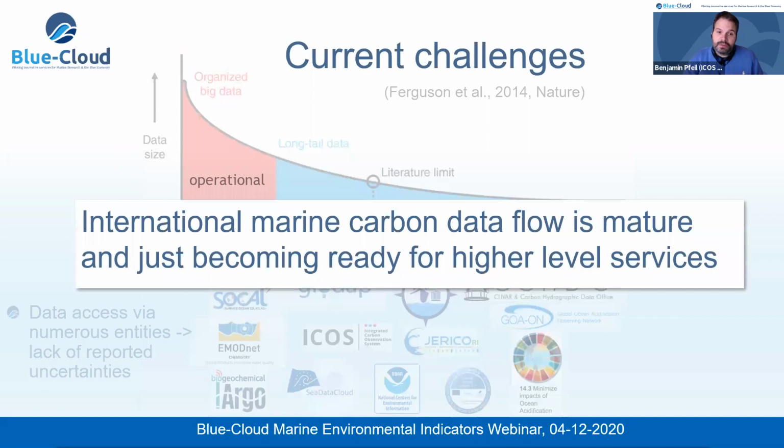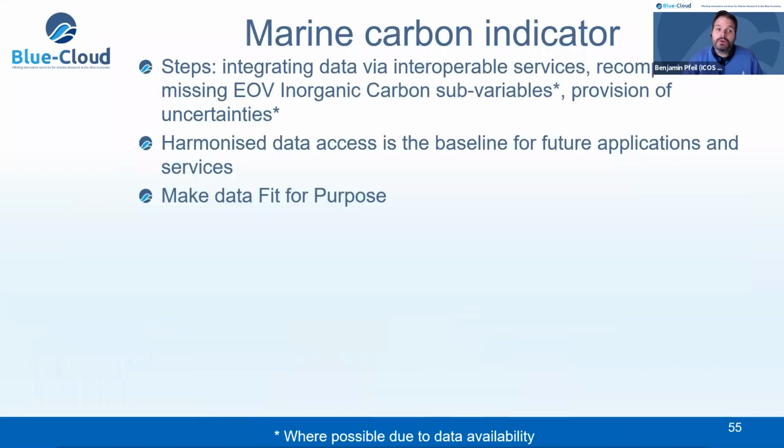So the international marine carbon data flow is mature and just becoming ready for higher level services. And now I'm going to show what we're going to focus upon within Blue Cloud. The first step is to integrate data via interoperable services to recompute the missing essential ocean variable inorganic carbon subvariables. It is not just pH or carbon dioxide, it's actually 4 variables that are relevant. And we are aiming to provide uncertainties whenever possible.